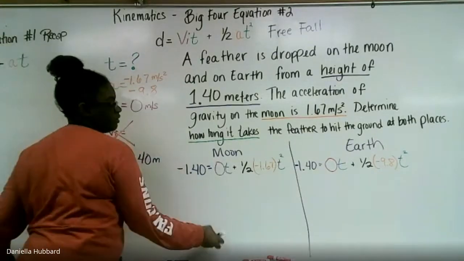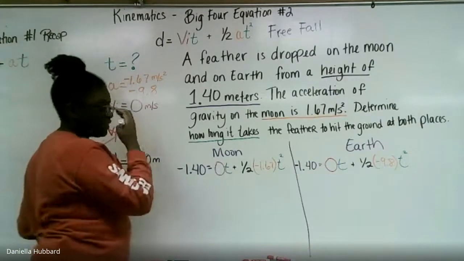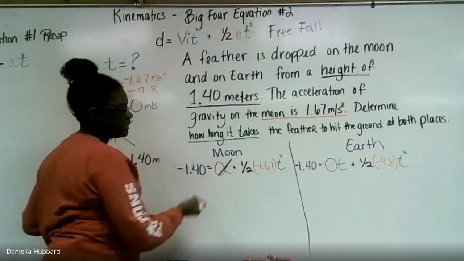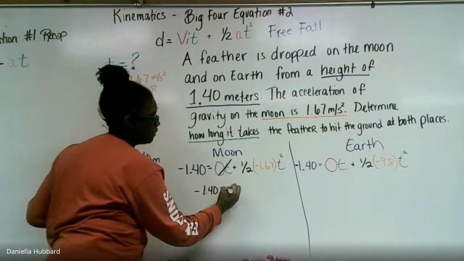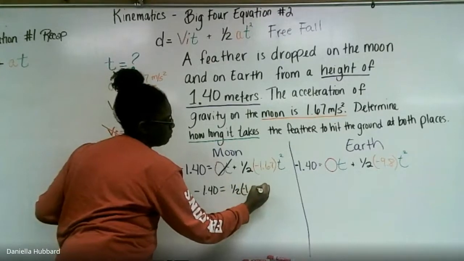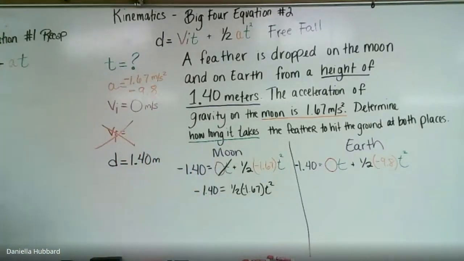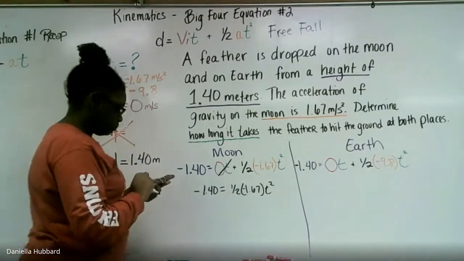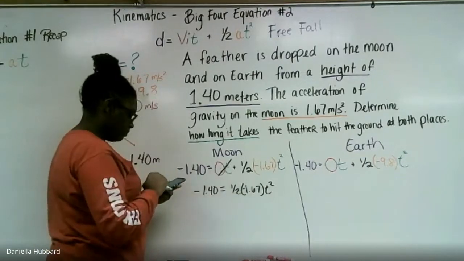Now let's solve for time for the moon. First things first, anything times 0 is 0. So now I have negative 1.4 is equal to 1/2 times negative 1.67 times T squared. I'm grabbing my calculator. I'm going to take half of negative 1.67.